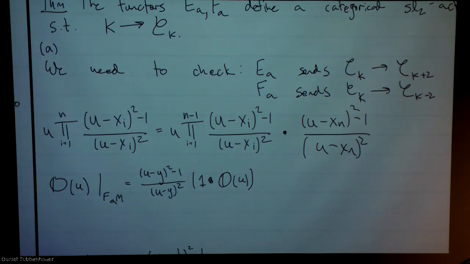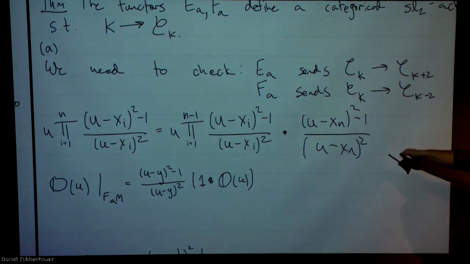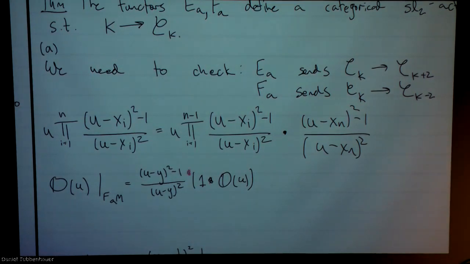applying it before I did F times this function of the Jucys-Murphy element. I was denoting that endomorphism of the functor by one. So these are the same equations, but the first is an equation in the group algebra of Sn.